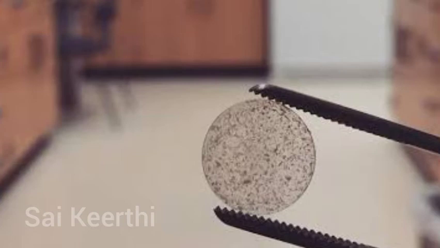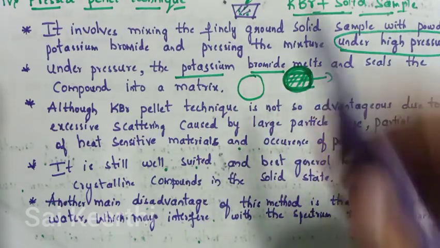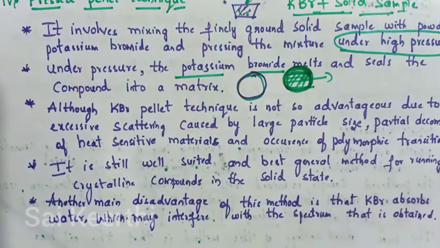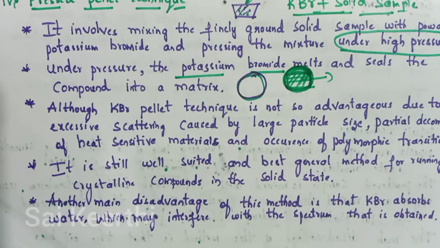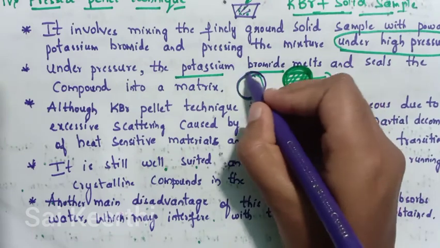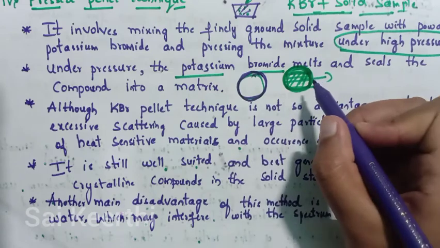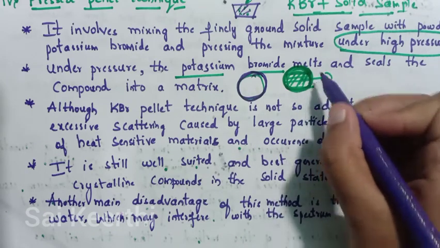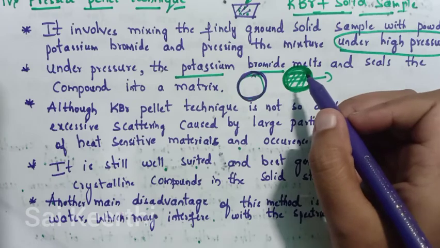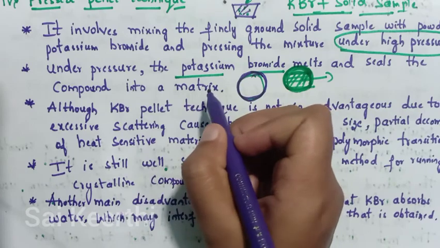It consists of KBr and solid sample, and you have to remember that a pure KBr pellet is used as the reference, and a KBr pellet mixed with solid sample is used for analyzing the sample. First we have to run the KBr pellet only, for the reference. Then we have to place this KBr plus solid sample pellet. Here under pressure, the potassium bromide gets melted and seals the compound into a matrix.